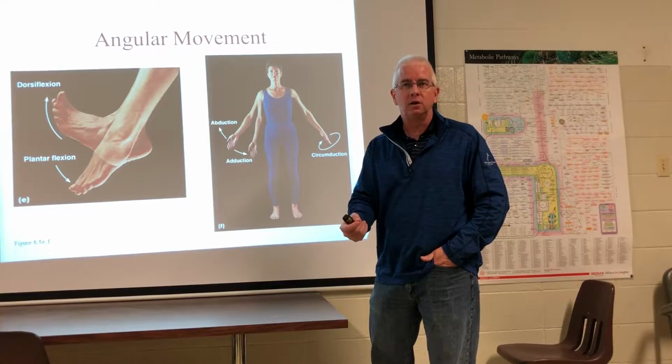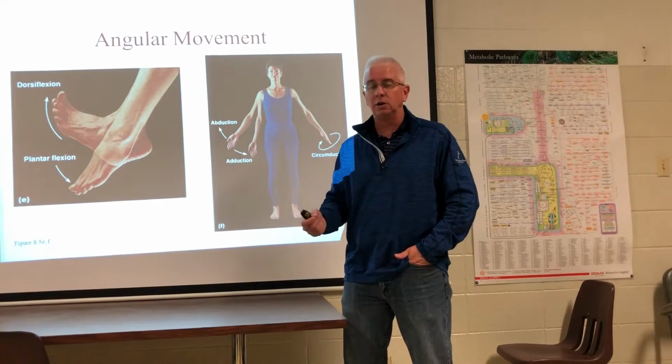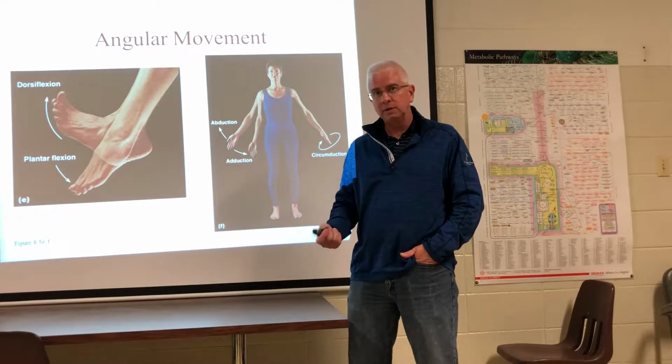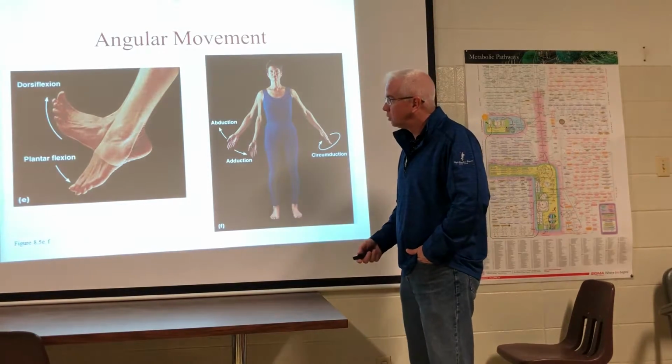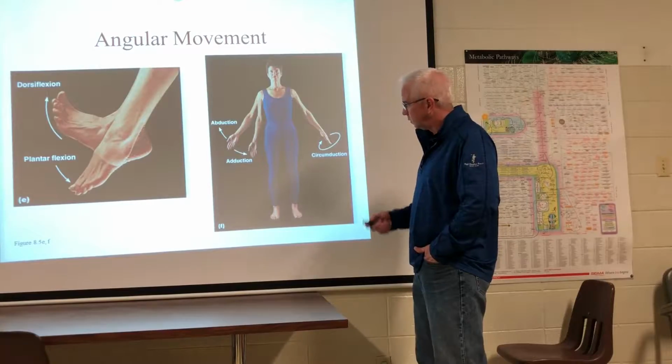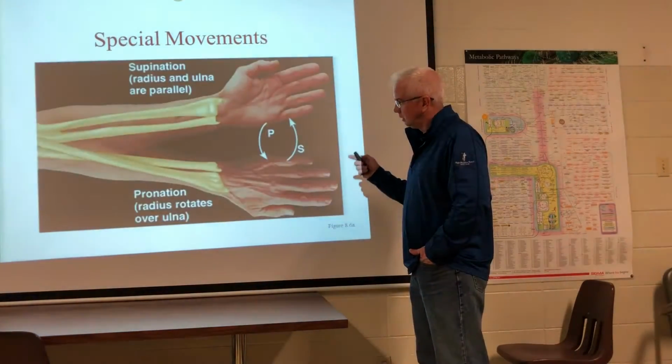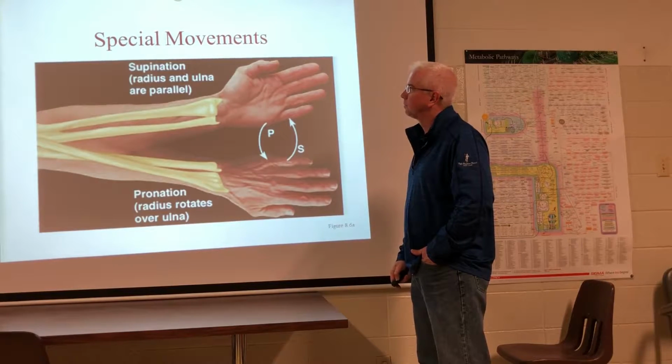Cross the radius and ulna. That is to pronate. Uncross them is to supinate. So those are the ways to remember circumduction, rotation, and supination, pronation.